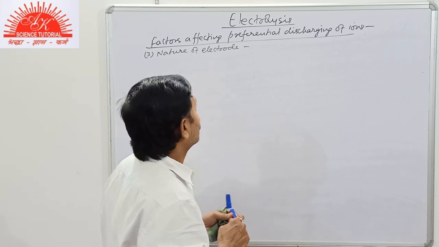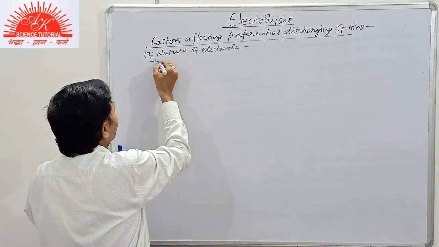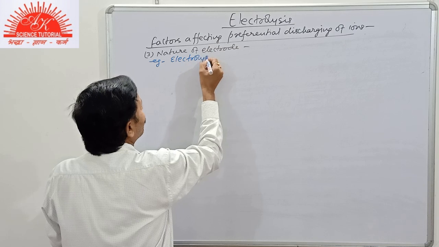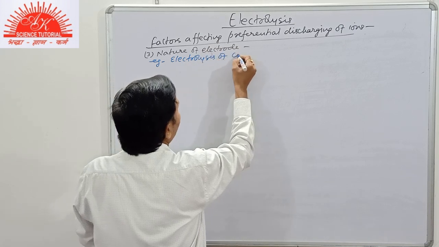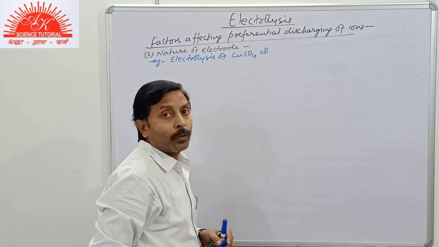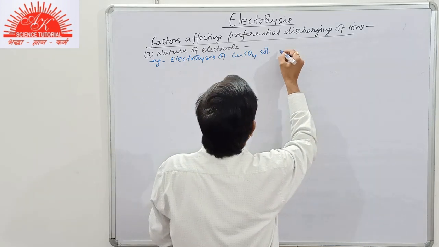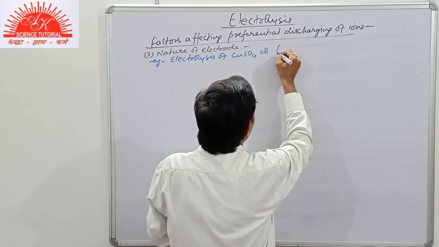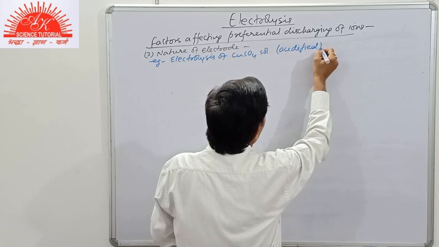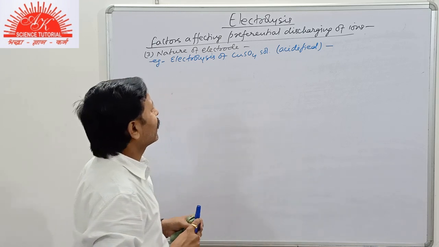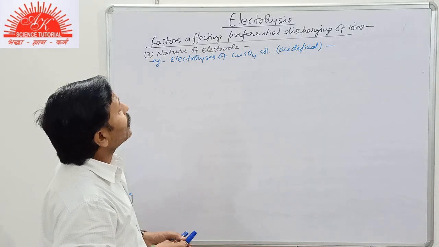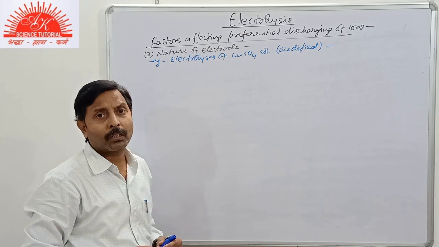Suppose we take the example electrolysis of CuSO4 solution. Actually, we also use a few drops of sulfuric acid to cause its rapid dissociation or ionization. So, electrolysis of copper sulfate solution.